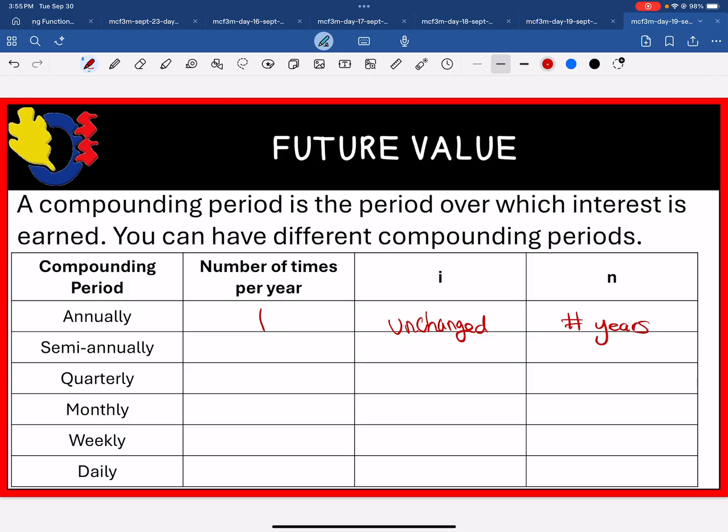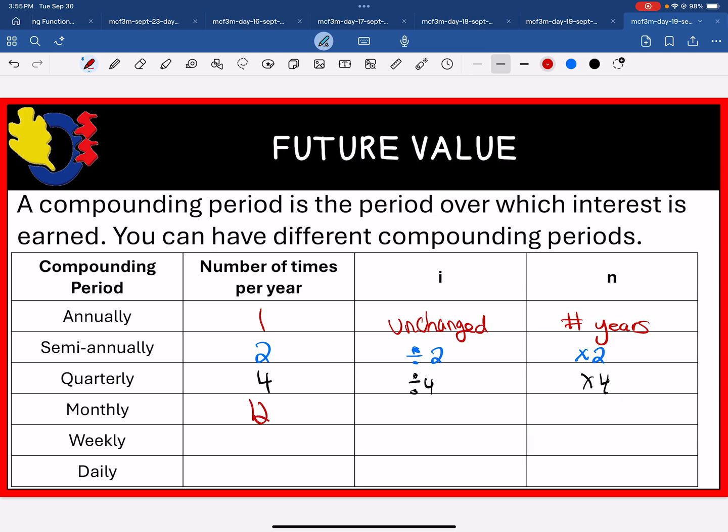Semi-annual, on the other hand, is 2 times per year. So for the interest rate, we're going to divide by 2. For the number of compounding periods, we are going to multiply by 2. Quarterly is 4 times per year, so we would divide by 4 and then multiply by 4 for the n value.